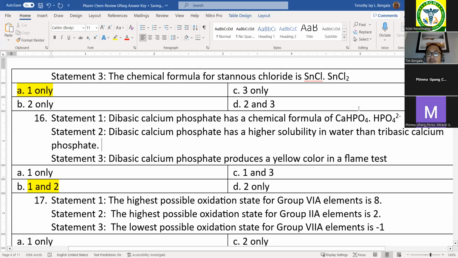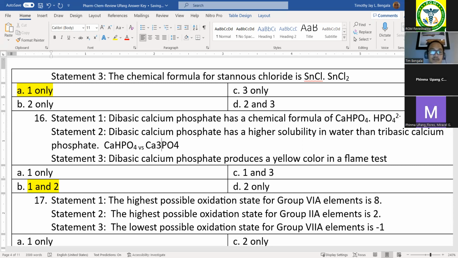Next, yung solubility. So, this one daw, dibasic calcium phosphate, versus ano ba yung tribasic calcium phosphate? So tribasic calcium phosphate would be Ca3(PO4)2. Okay? So ito yung tertiary or yung tribasic phosphate. So dito, sinabi natin before na as the charges, di ba, becomes higher, the interaction becomes greater and they become less soluble in water.